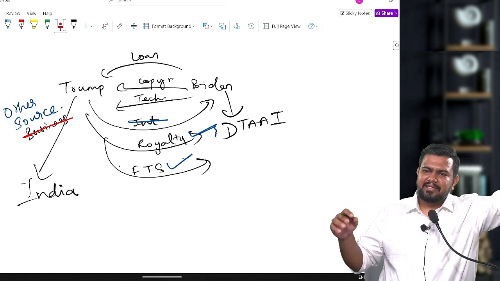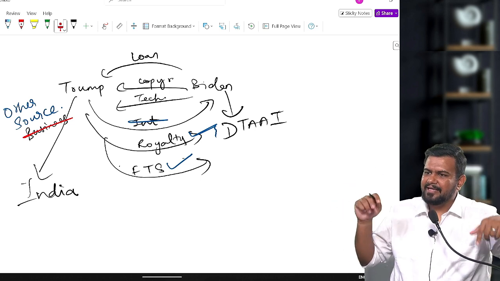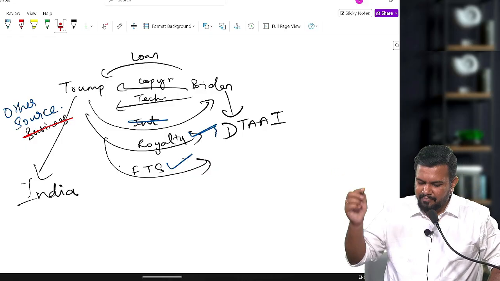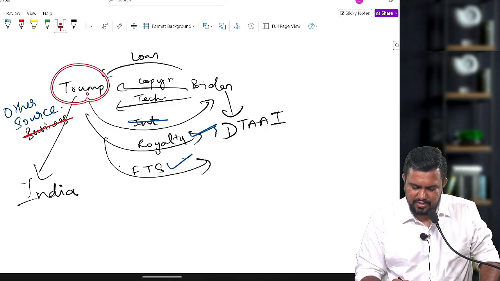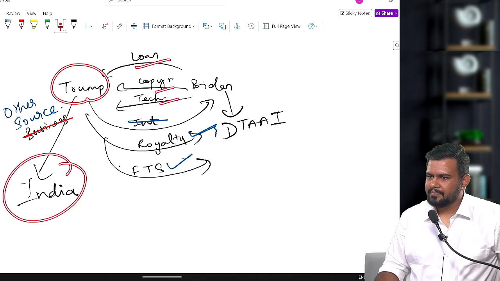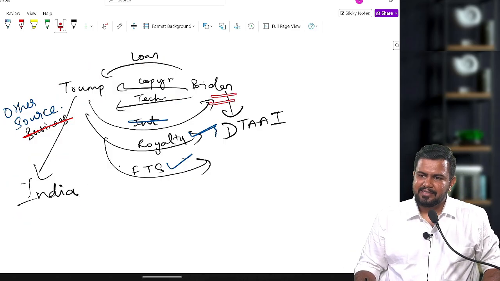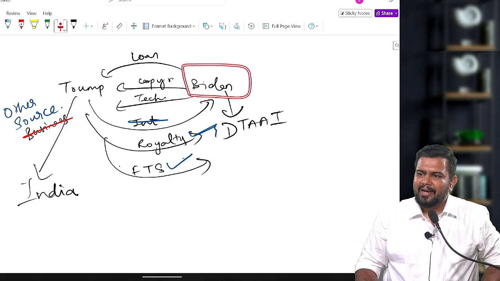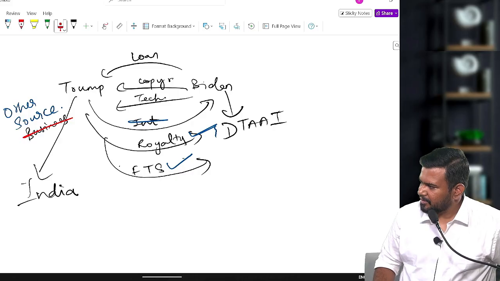He might be sitting in some corner of the world. Still, he has to pay the tax in India. Purida. Why does he have to pay the tax? Because Trump has used the loan, copyright, or technical service in India. That is why Biden has to pay the tax. And there is no territorial nexus. It means it does not matter if Biden has a place in India or not.